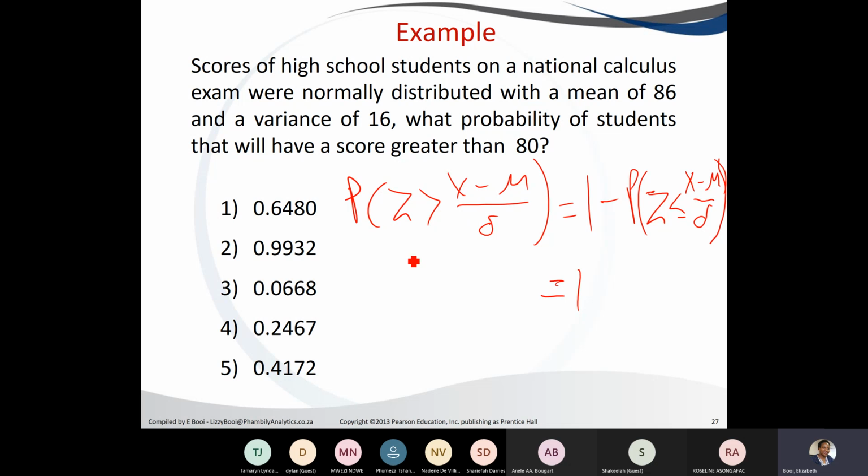We calculated this in one of the exercises, and we found that the probability that Z is less than minus 1.50. Remember that.